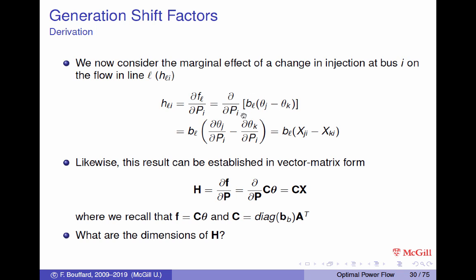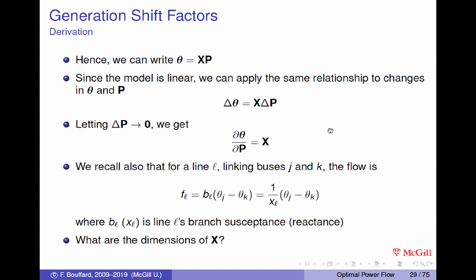When I take the derivative inside the bracket here, I get B_L, which is a constant, times d theta J by dP_I minus d theta K by dP_I. And what are these? d theta J by dP_I is effectively the element x_JI of that X matrix, and d theta K by dP_I is just element x_KI of the matrix X, which we've defined before.